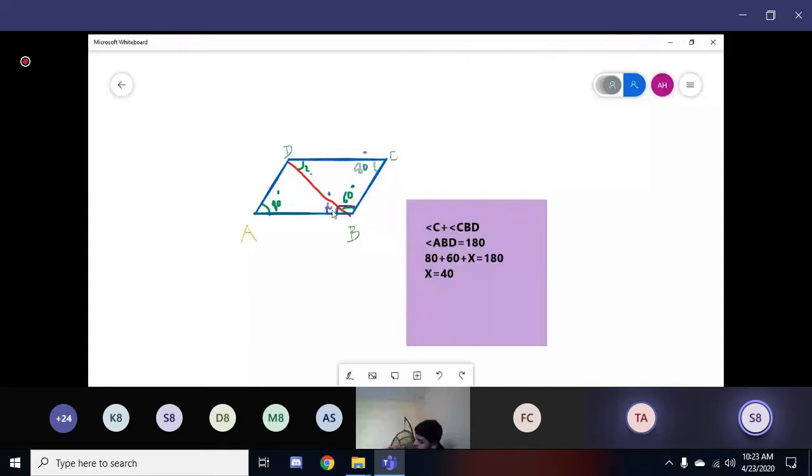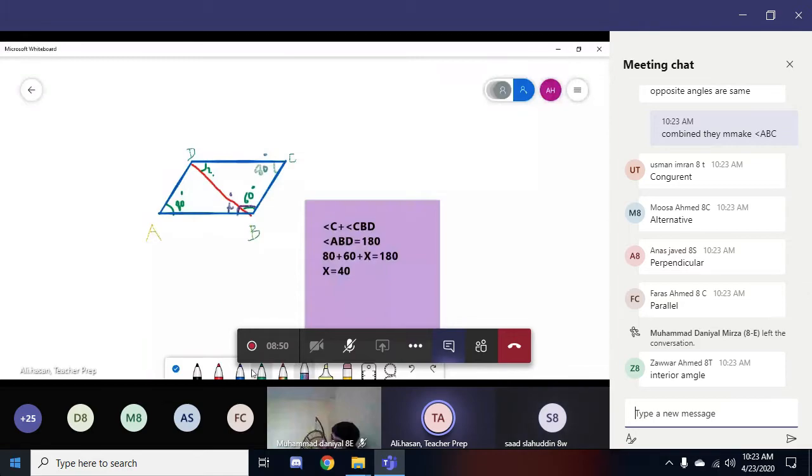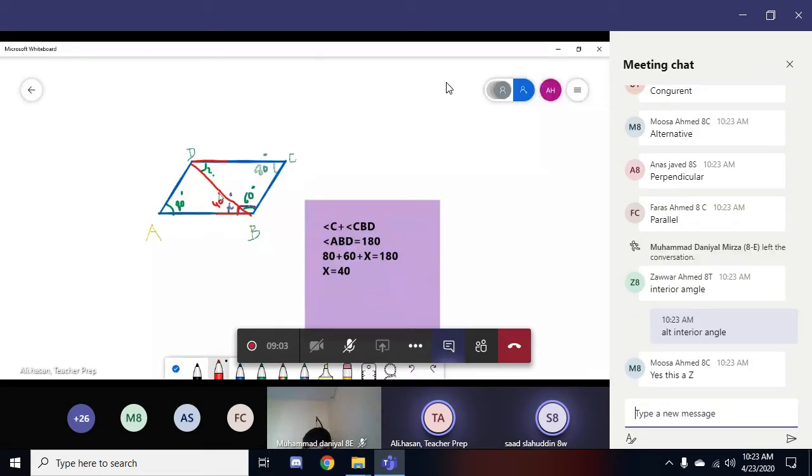First tell me, can you see the screen? Can you see the whiteboard? Yes, sir. Okay, see, I'm asking, is this a Z? So if this is X, which is 40 degree, this comes out to be 40 degree. We just solved it. Not interior, you are missing one word.